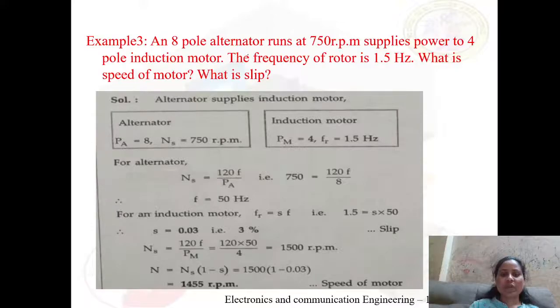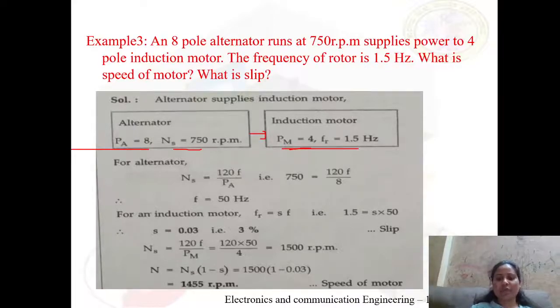Okay, so what they are telling is again there is a cascaded structure here. The alternator actually drives the induction motor, and they have given the number of poles for the alternator as 8 and speed of the alternator as 750 rpm. Number of poles for the motor as 4 and the frequency of the rotor as 1.5 Hertz.